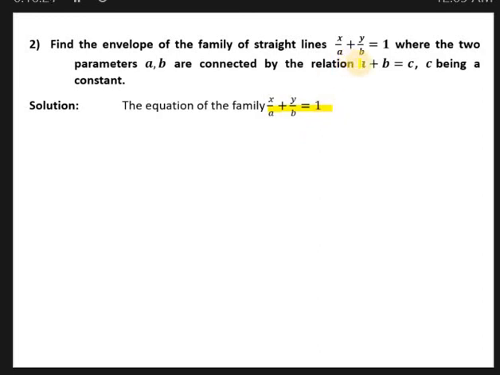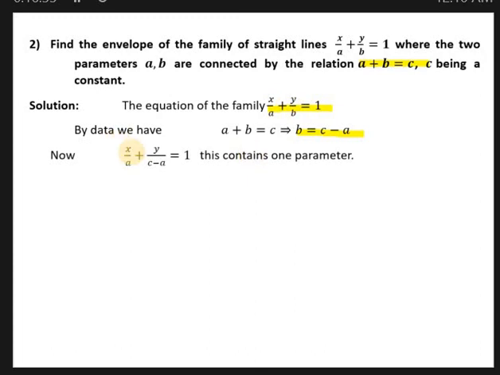Now from the data we have a plus b is equal to c, hence b is equal to c minus a. Now let us substitute this b is equal to c minus a in the given equation. We get x by a plus y by c minus a is equal to 1. This now contains one parameter.